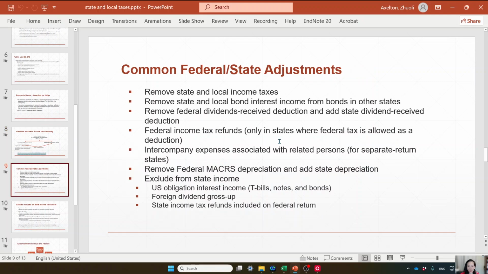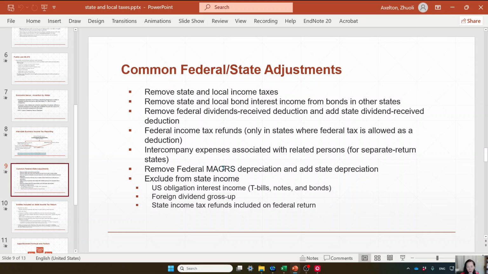And what are the common federal-state adjustments? Generally speaking, they will remove any state and local income taxes and state and local bond interest income from bonds in other states, and remove any federal dividend received deduction and add the state dividend received deduction. And then they will add back the federal income tax refunds and any intercompany expenses associated with related persons for a separate return state. For state purposes, there is also a separate depreciation system in some cases.